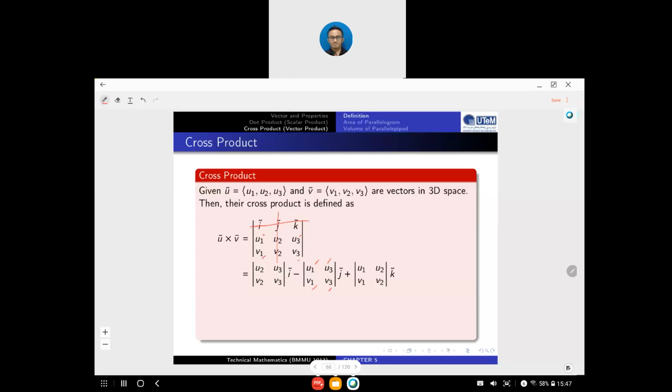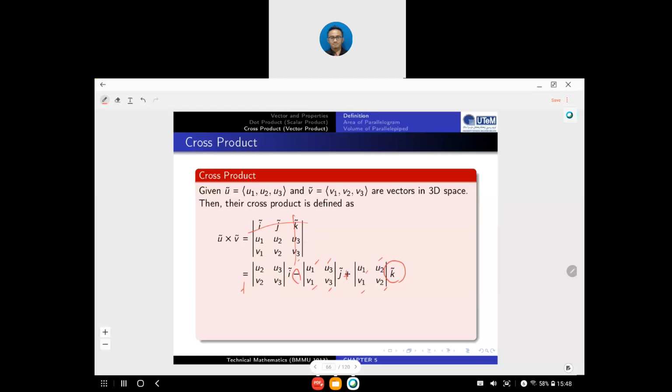And then the same thing for k. When for k, you just write this here, so you can get u1, u2, v1, v2. Remember, it must start with plus, minus, plus. Okay, can you understand? So this one is the cross product.